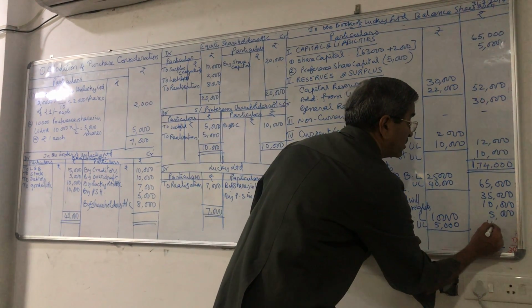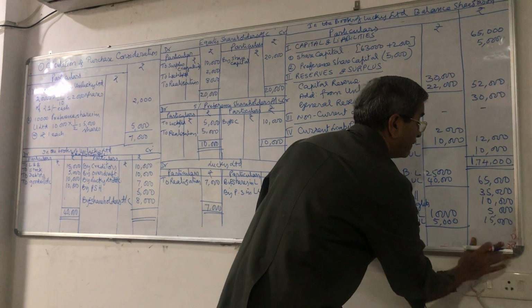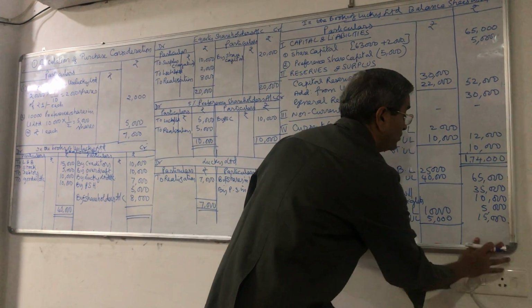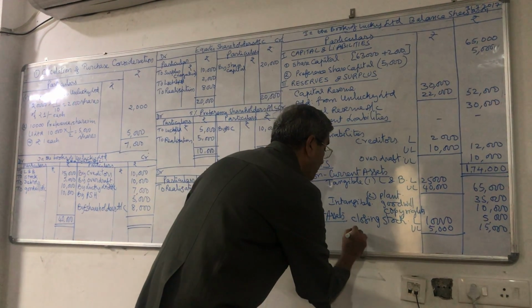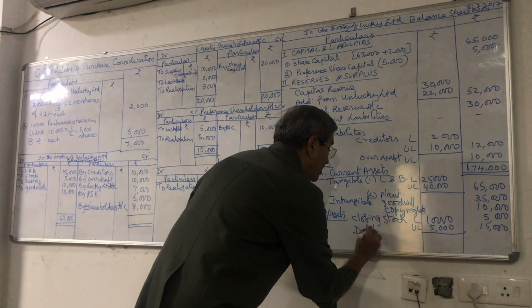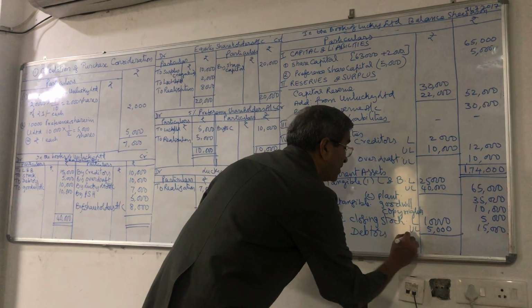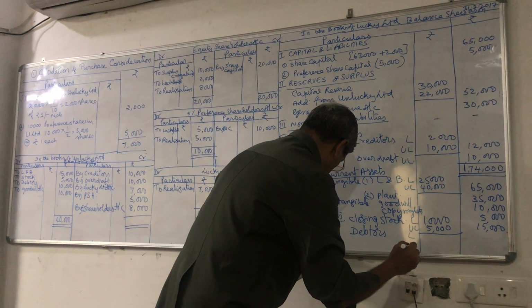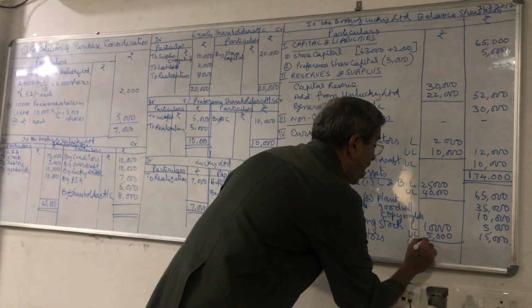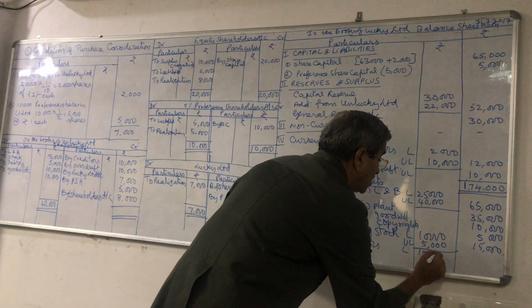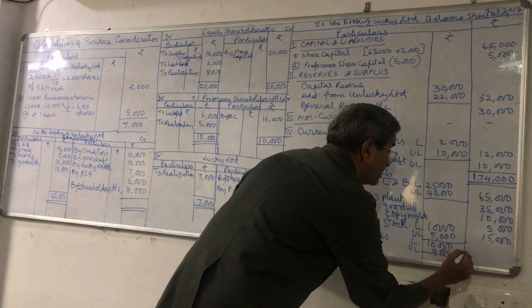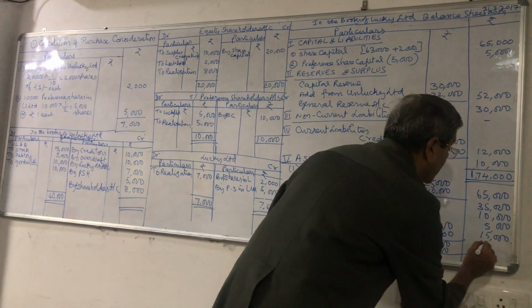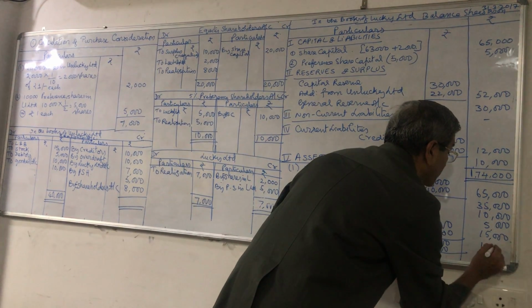Outer column 15,000. Then you find debtors. Debtors again, Lucky Limited is 10,000 and Unlucky Limited is 9,000 because we have deducted 1,000 there, so 19,000.